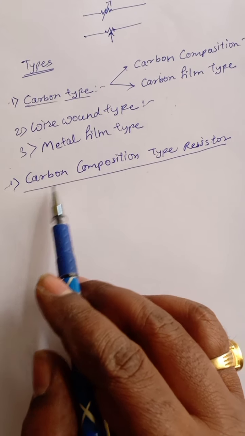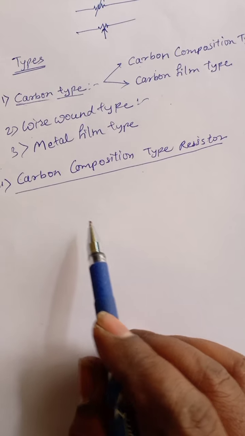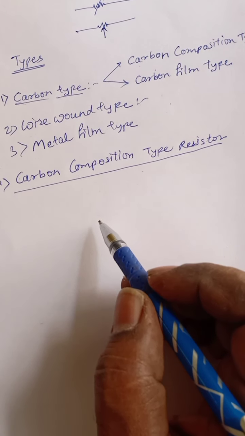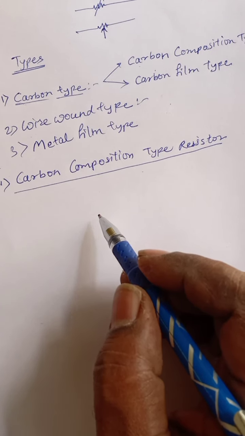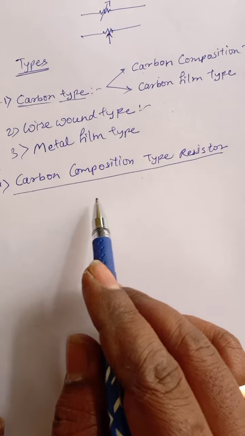This carbon material is in granule form, just like a mixture, with very small granules, a finely ground material.